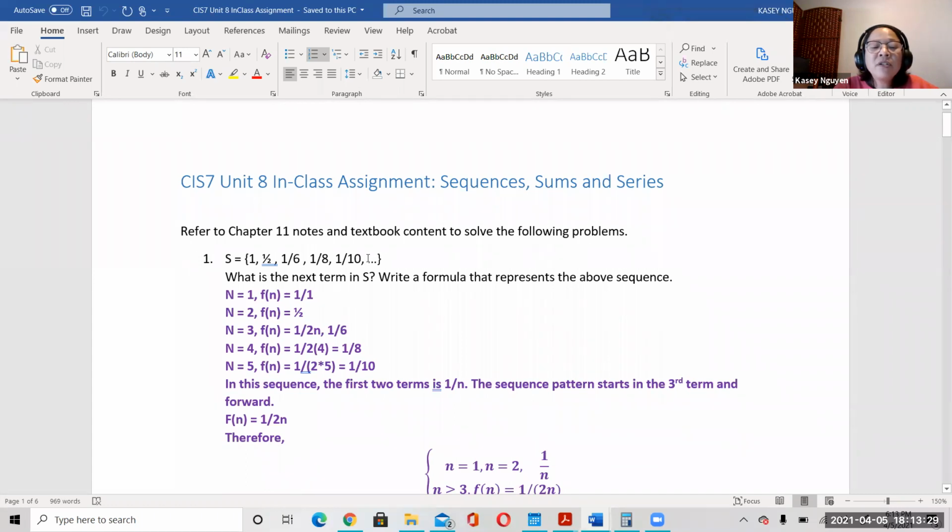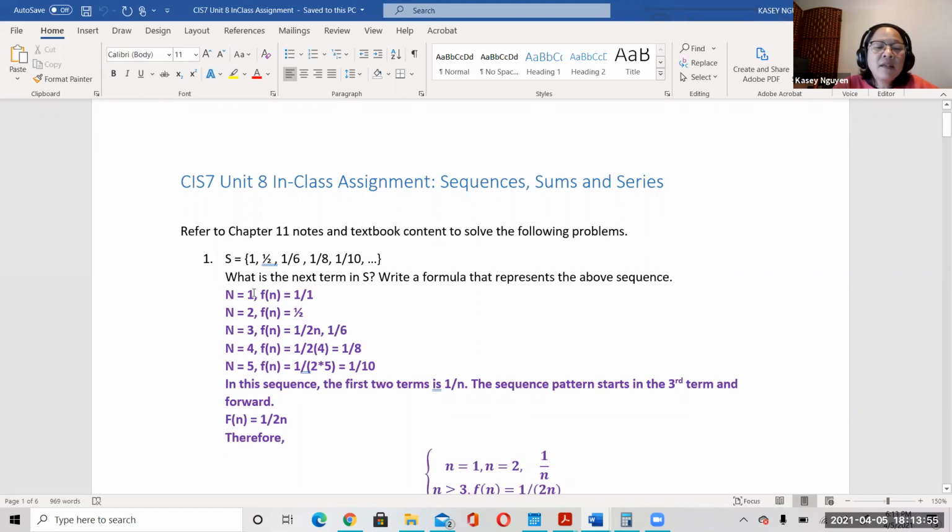So we first have to find f of n, or t of n, to be able to solve for the next value in the sequence after the fourth term. So we would write out the equation to represent that sequence.